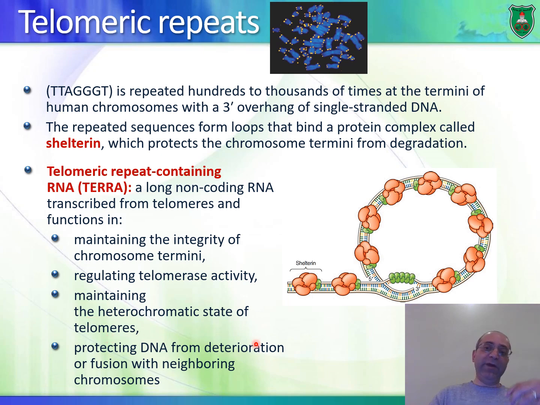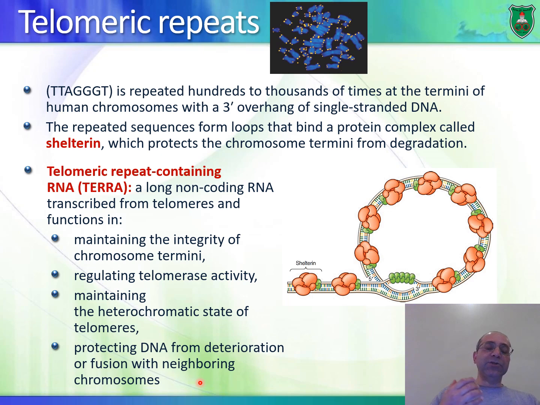So remember, we have euchromatin and we have heterochromatin. Heterochromatin is where you have DNA highly packed. Telomeres are maintained in the heterochromatic state, very highly packed, and this RNA, TERRA, also can protect DNA from deterioration and degradation or fusion with neighboring chromosomes.